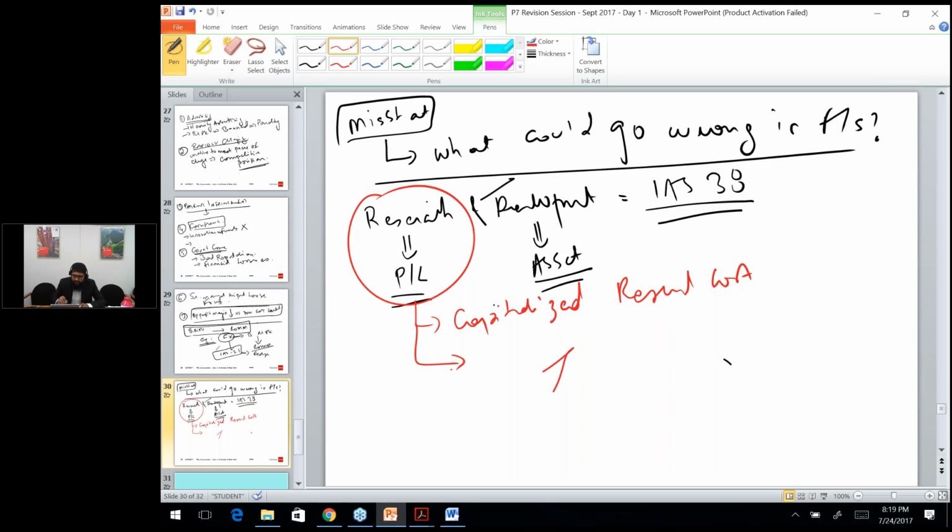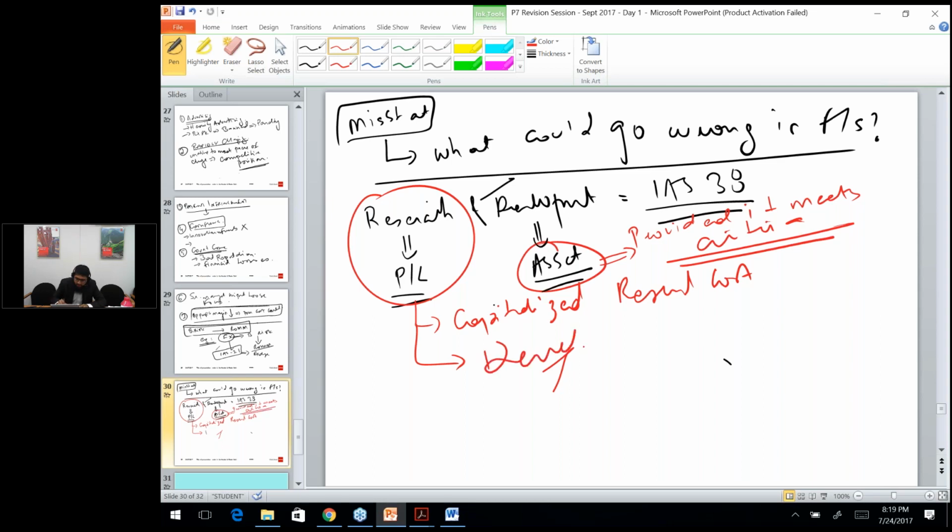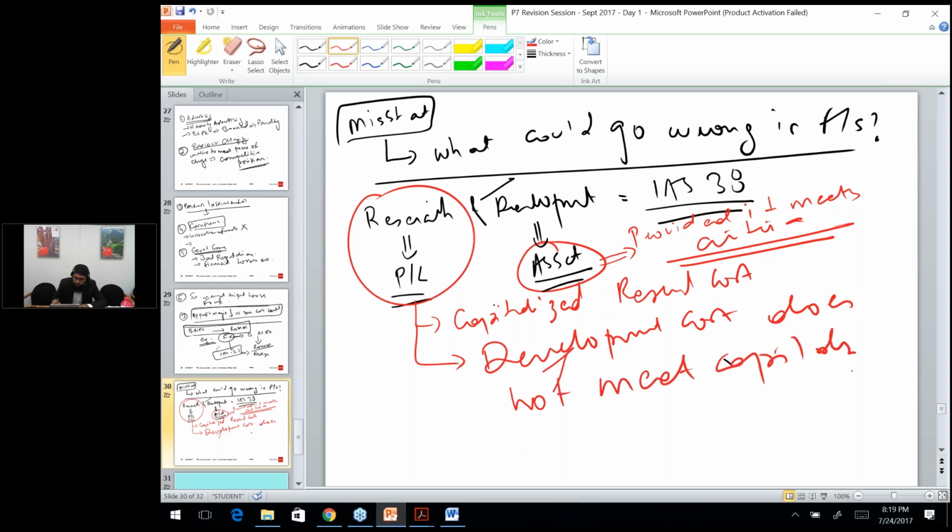And the second criterion is that IAS 38 requires that the development cost shall be recognized as an asset, provided it meets the criteria for capitalization. So there could actually be another risk, which is that the development cost does not meet the capitalization criteria.